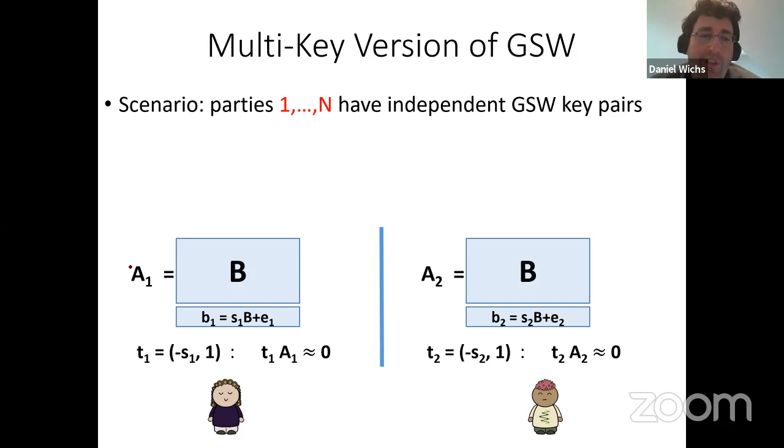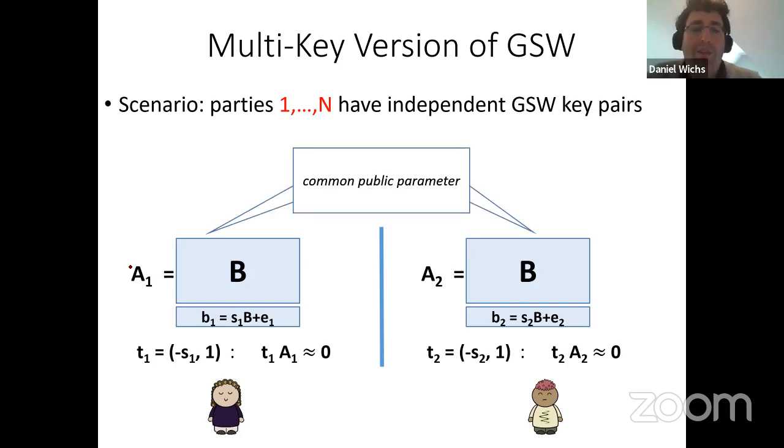So here we're imagining a scenario where we have n parties, and these parties generate independent key pairs, public and secret keys of the GSW encryption scheme, except that when they generate the public keys, they're going to reuse the same matrix B. We're thinking of that matrix B as some common public parameter or common reference string that all parties use.